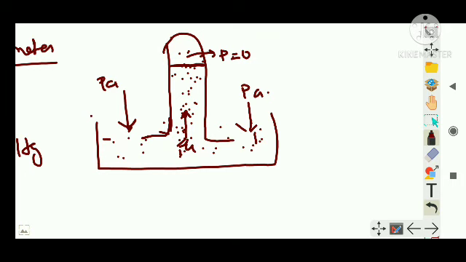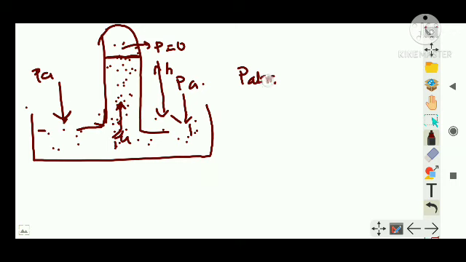Suppose we are considering the level rise as H. This lower position is having pressure PA. That is, atmospheric pressure minus topmost pressure P is equal to H rho G. But we know at the topmost position here it is 0. So I can write PA is equal to H rho G.